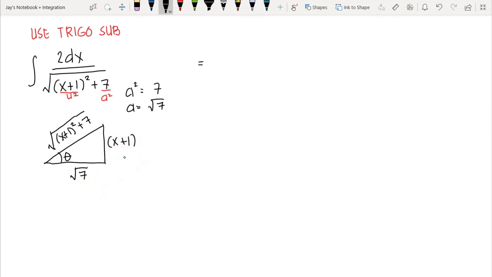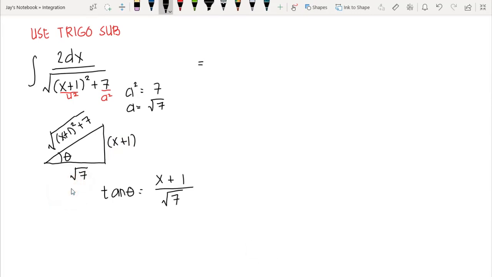So by looking at the right triangle, we can create a trigonometric identity. In this case, since we have a plus, we can apply tangent. So tangent of theta is equal to x plus 1 over, that's the opposite of theta, over the adjacent of theta, that's square root of 7.